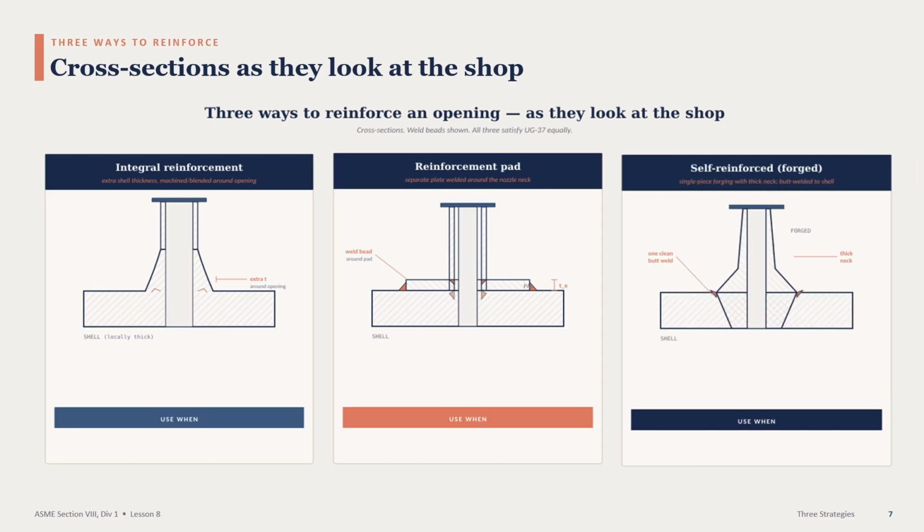And self-reinforced, also called forged reinforcement. A single piece forging with a thick neck built in, butt welded to the shell. See the difference in the weld pattern. Just one clean butt weld each side instead of fillet welds.